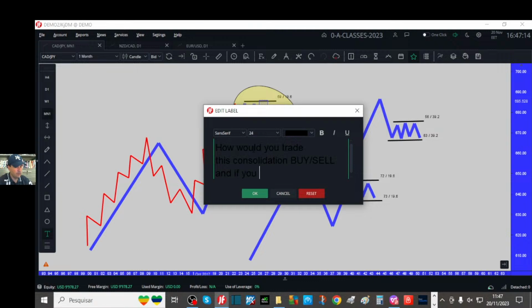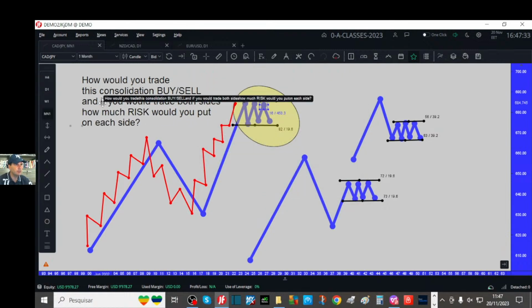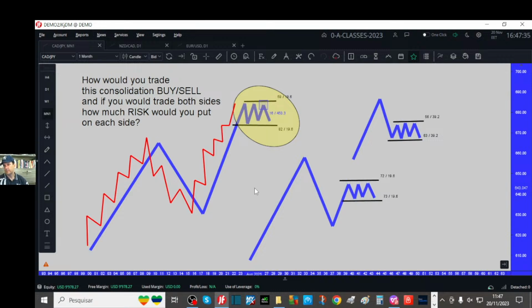And if you would trade both sides, how much risk would you put on each side? You can say, I'm going to buy and sell, I'm going to put the same risk.